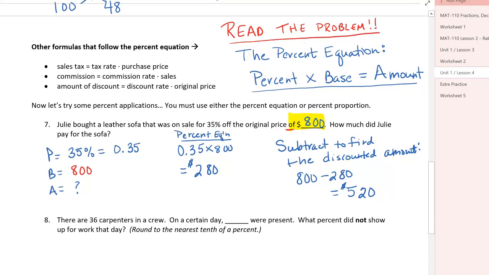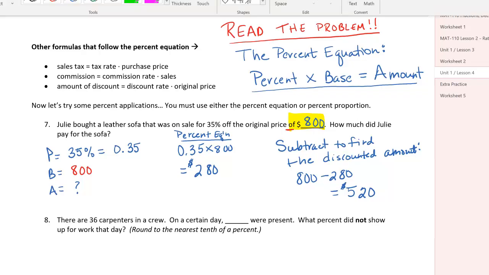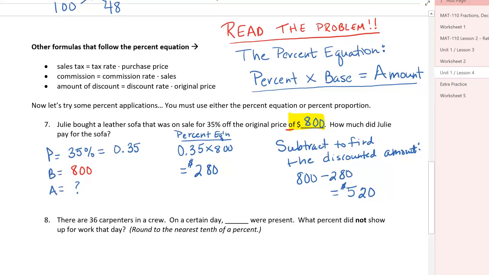This is an example of the amount of discount. So if we look at these three examples of how the percent equation can be used, what we're using in this case is finding the amount of the discount by taking the discount rate, which is 0.35, and multiplying it times that original amount.